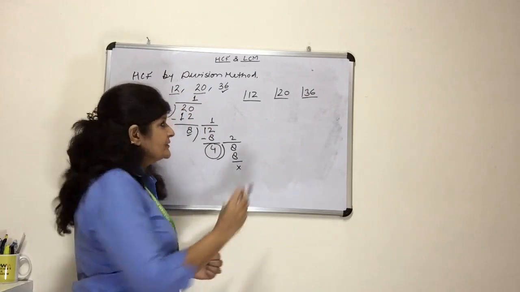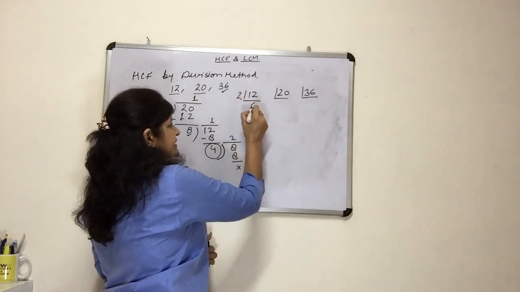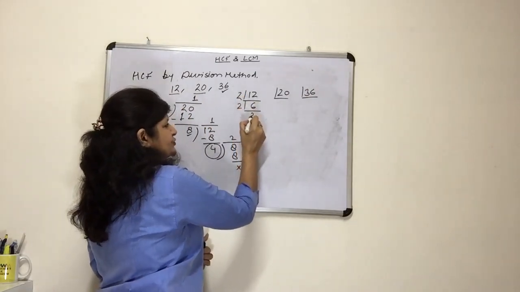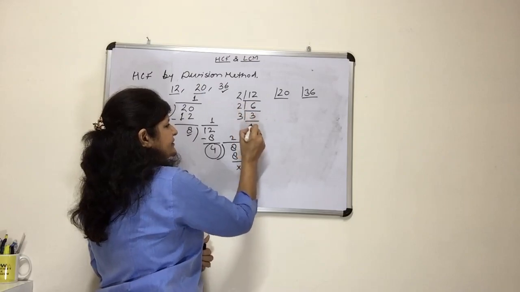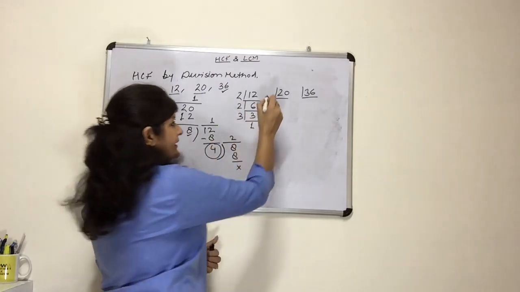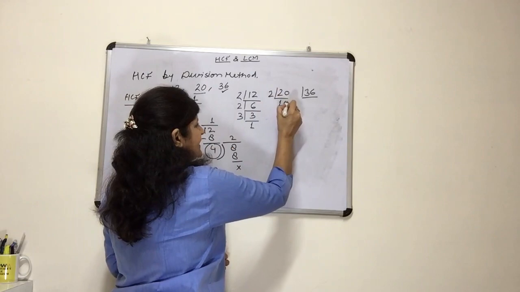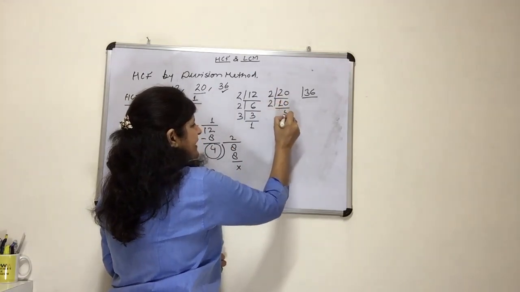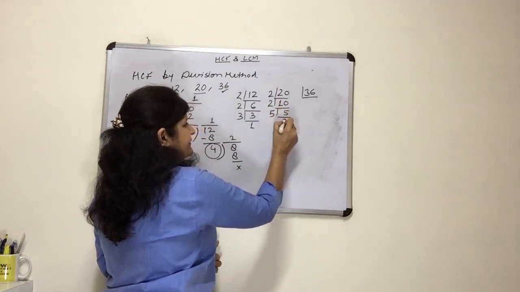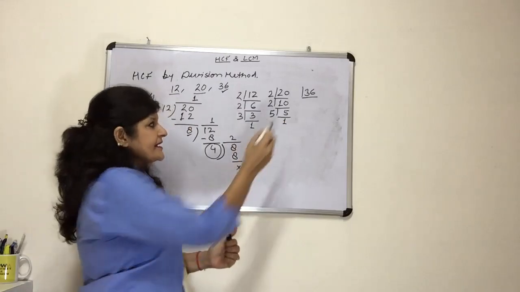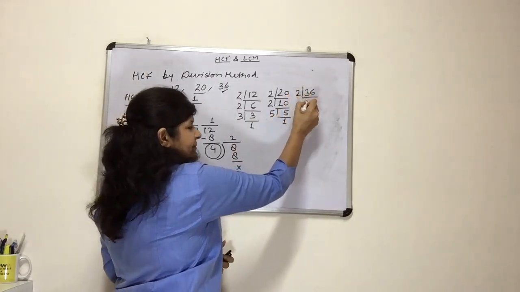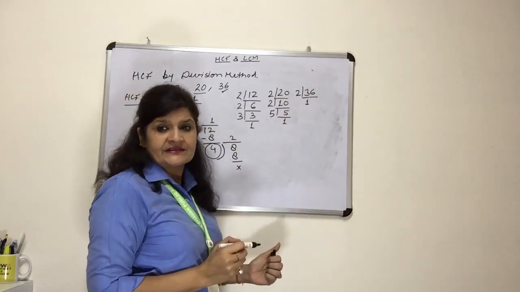So I am finding it out. The prime factors: 2 6s are 12, 2 3s are 6 and 3 1s are 3. Right. Here 2 1s are 2, 2 5s are 10 and 5 1s are 5. Okay. Now 36, again we can divide this number by 2 because at the ones place this is 6.